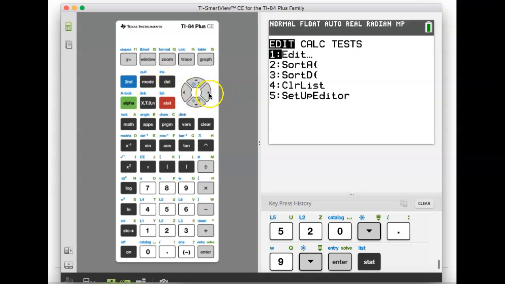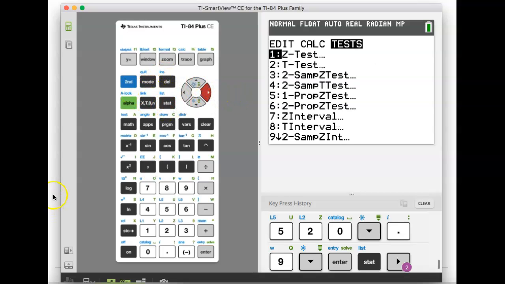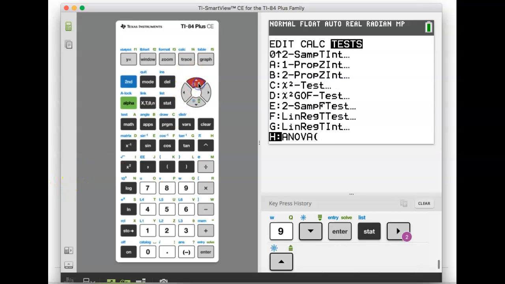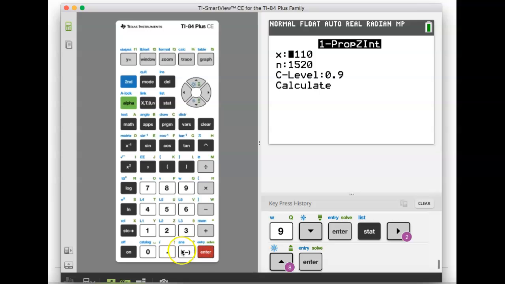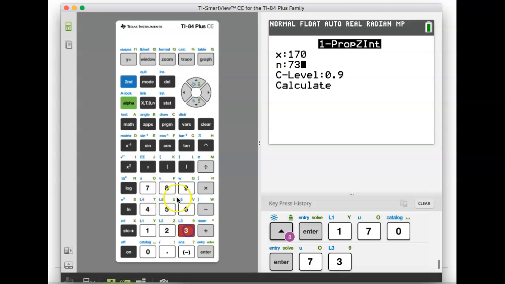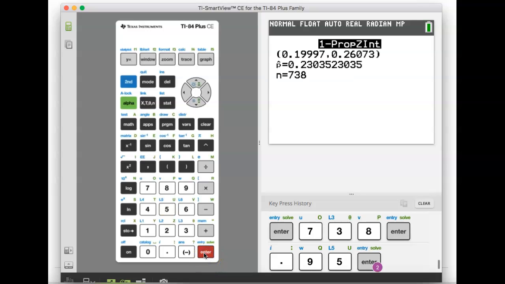So we go to stat tests. It's option A, 1-PropZInt. We'll just do 170, 738, 0.95. There we go.